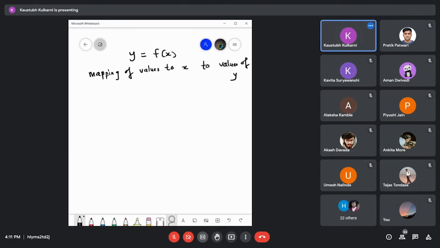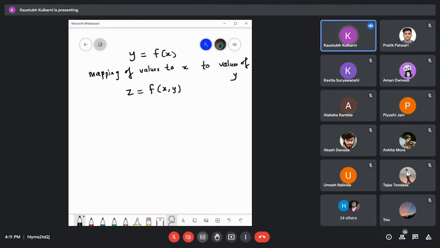However, consider a function of two variables. Let's say z is equal to f(x, y). In this case, it is a mapping of ordered pairs of variables x and y.